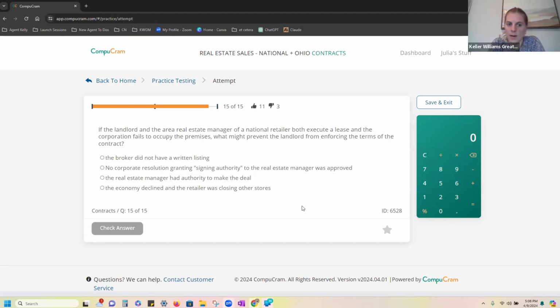So if the landlord and the area real estate manager of a national retailer both execute a lease and the corporation fails to occupy the premises, what might prevent the landlord from enforcing the terms of the contract? This is a unique question.